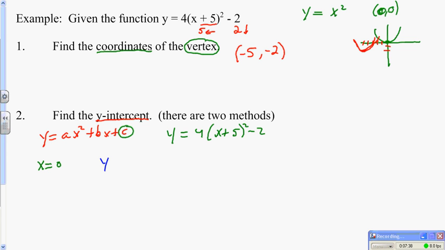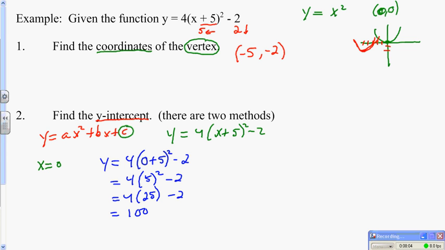That will give us y equals 4 times (0 plus 5) quantity squared minus 2, 4 times 5 squared minus 2, 4 times 25 minus 2, 100 minus 2, 98.